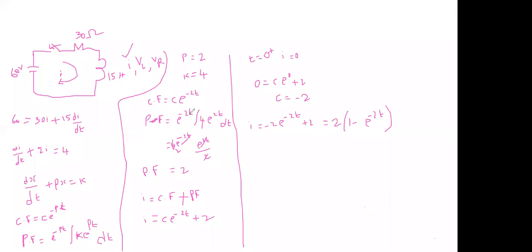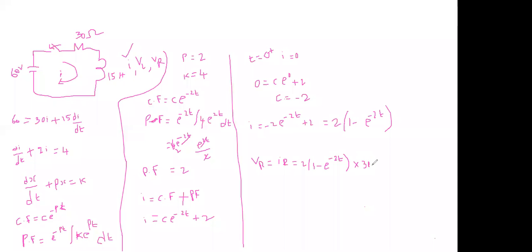Okay. Next, our aim is to calculate VR. What is VR? VR equal to I into R. What is I? 2 into 1 minus e power minus 2t, into what is the value of R? 30 ohm.